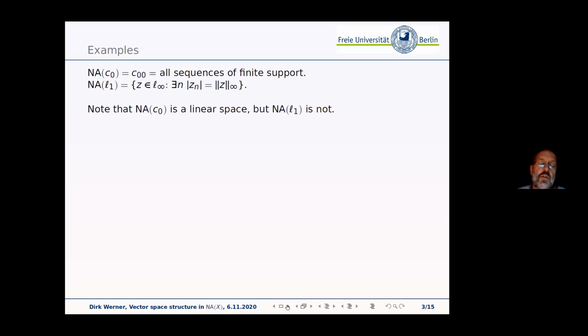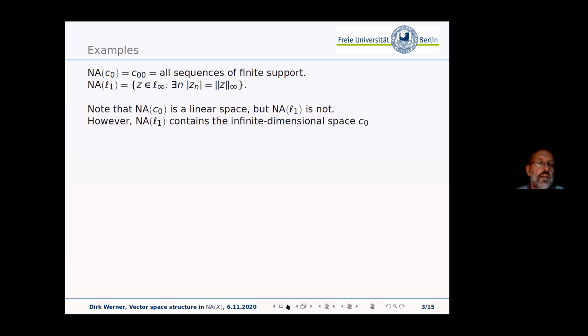And for the topic of this talk, let us note that, of course, on c0, the norm attaining functionals form a linear space, but on l1 they don't, because it's easy to cook up examples of two norm attaining functionals on l1 whose sum is not norm attaining.